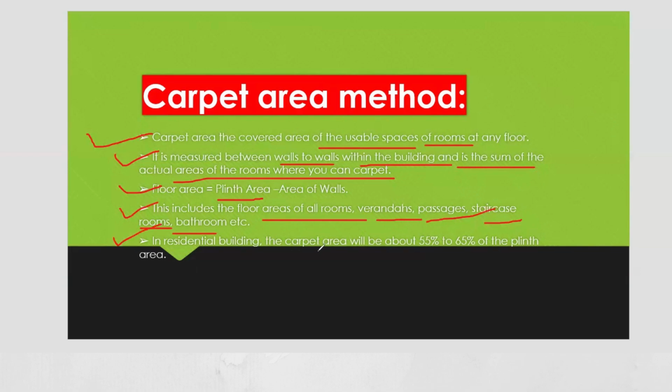In a residential building, the carpet area will be about 55 to 65% of the plinth area. If you add the area of the walls also, it will become the plinth area, or total built-up area.